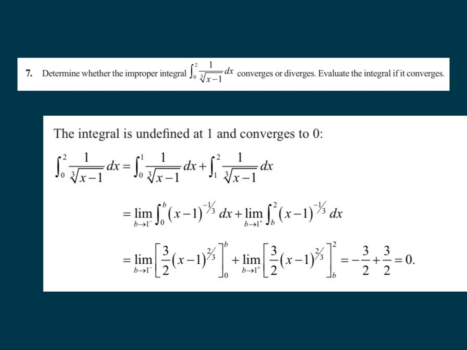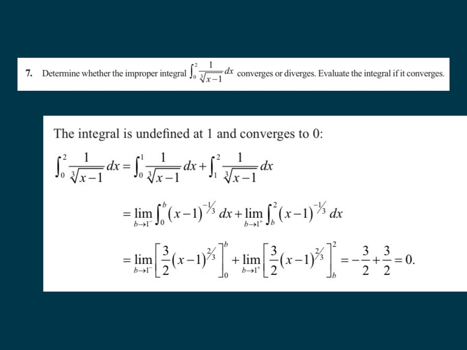The next problem says determine whether the improper integral from 0 to 2 converges or diverges. What is the problem here? The problem is not at 0, because 0 minus 1 is minus 1, and the cubic root of minus 1 is minus 1.